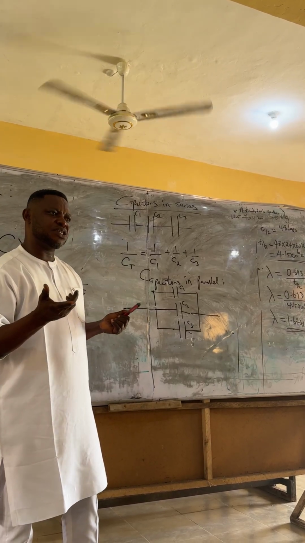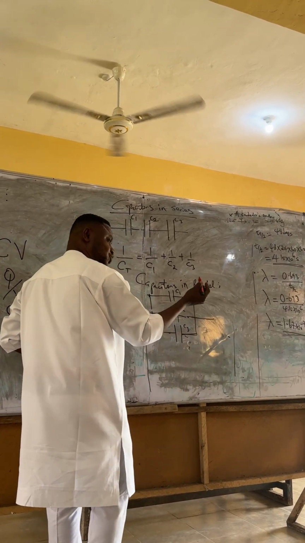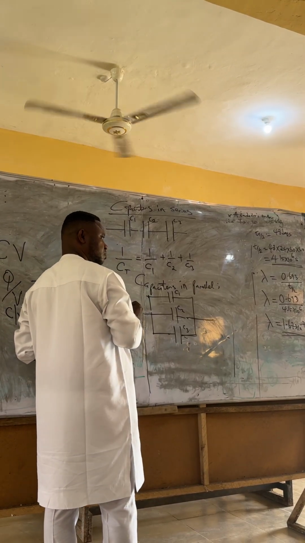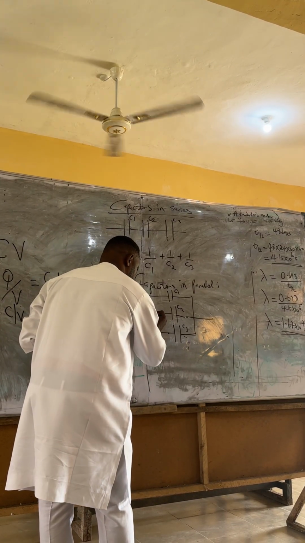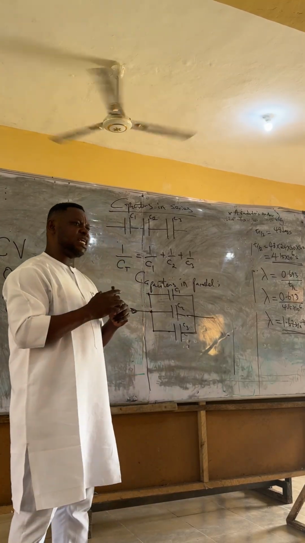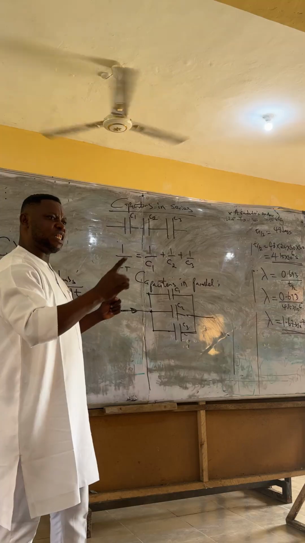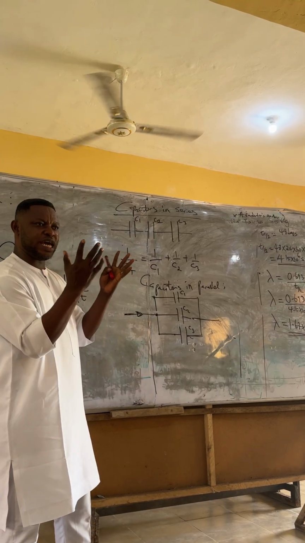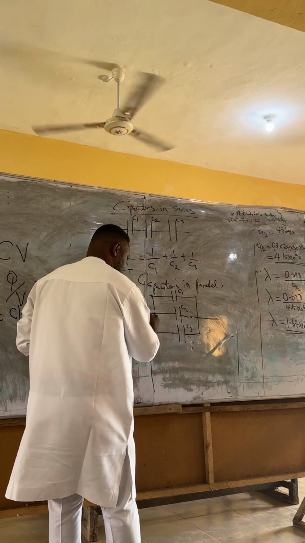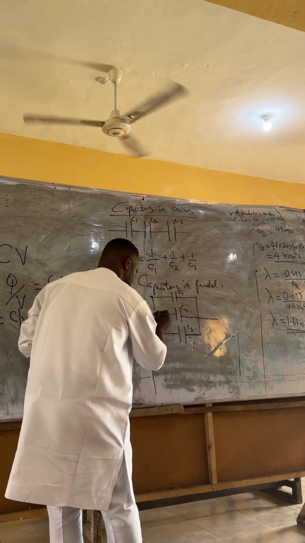Why is it different charges? Let's assume a charge is coming in from this branch. When this charge gets to this point, that point is a junction. A junction is a point in a circuit that links 2 or 3 wires together, or 3 components together. So when it gets to this point, it will split.